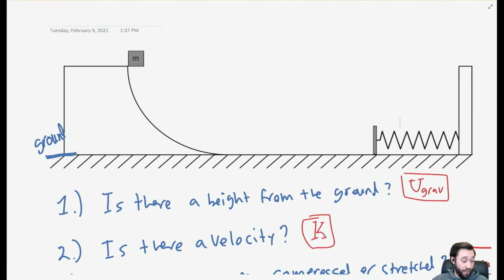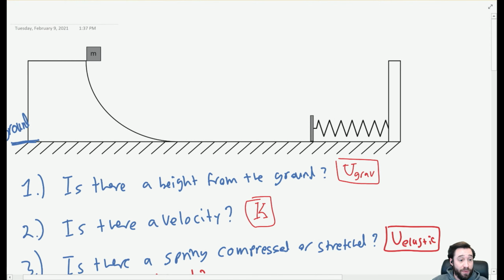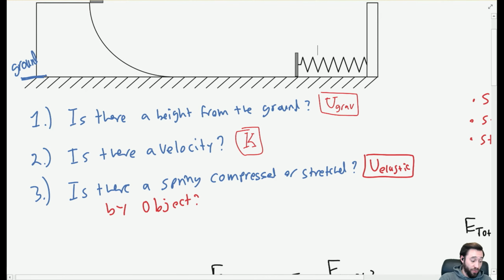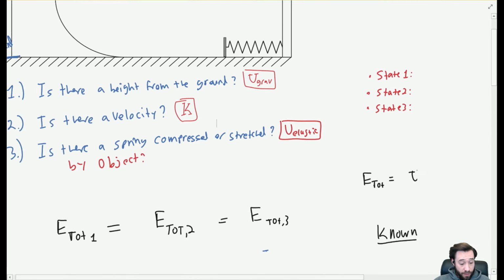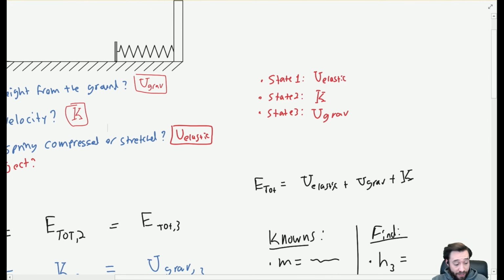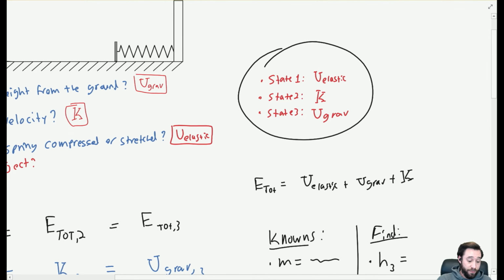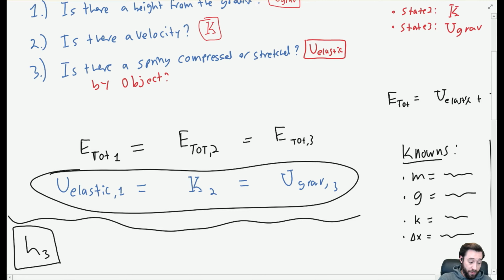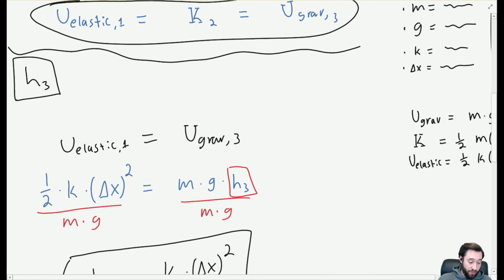So the hardest thing is to figure out what type of energy is present at each of the states. And that's as simple as reading through these questions, giving it a check mark or an X, depending on which state it is. I would recommend writing it down so you can go back and reference it. But that helps you clean this part up and then setting things equal to each other.